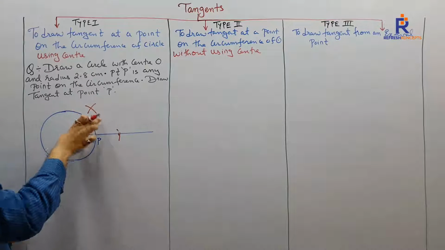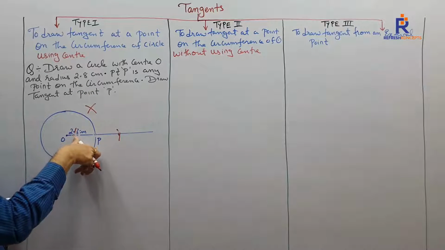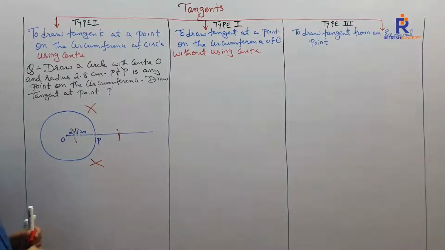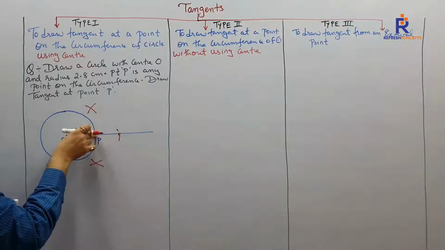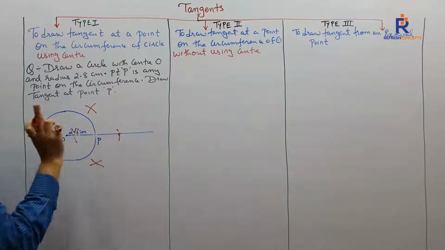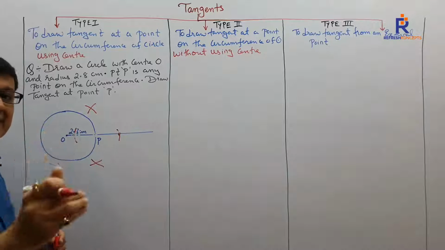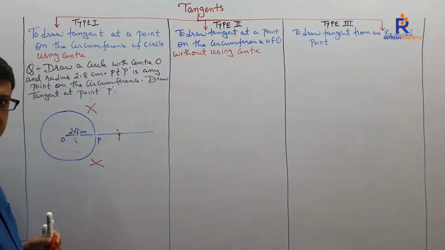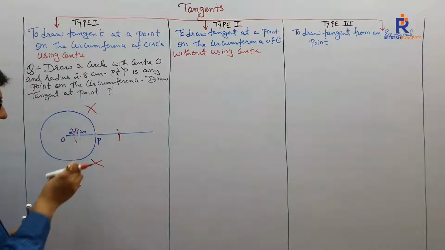Whatever I did over here, I need to follow down also. I repeat, P is the center, any suitable radius. If you are thinking we should keep the same radius, no. You can increase or decrease the radius, whatever you want. Preferably, increase the radius.